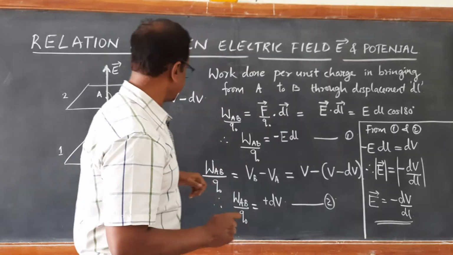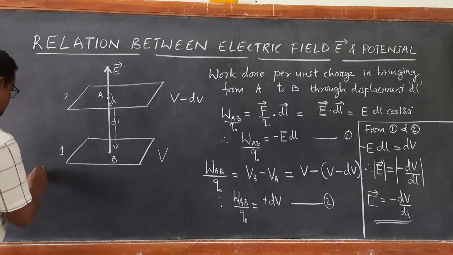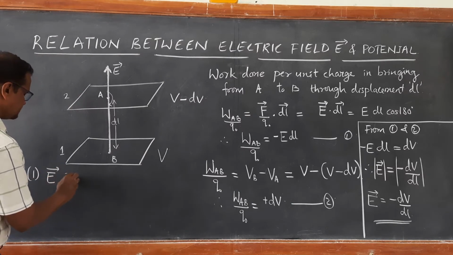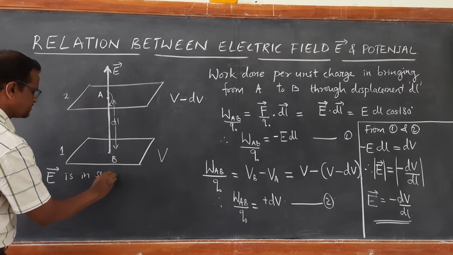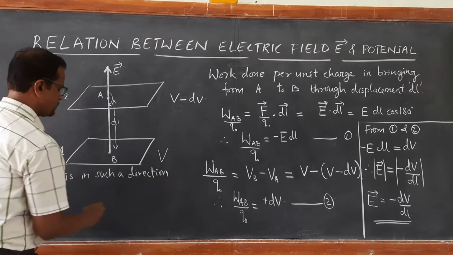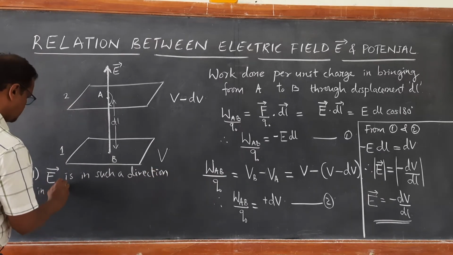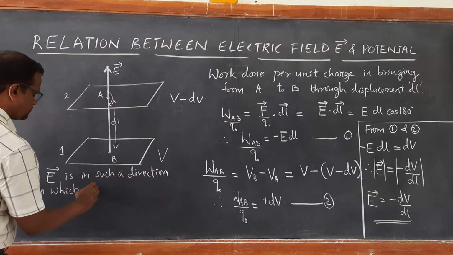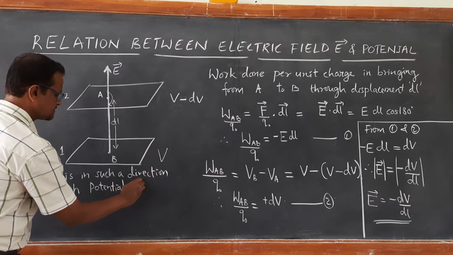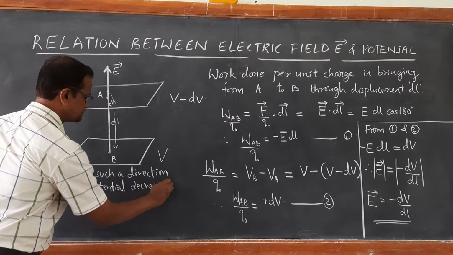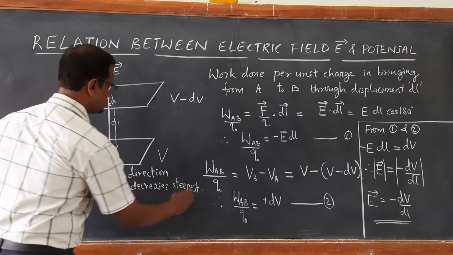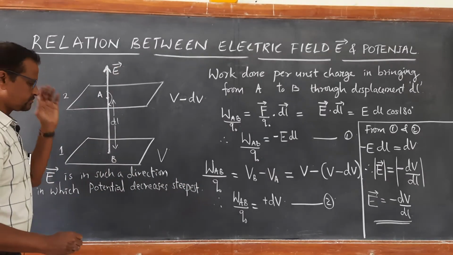Okay. Now we can write the definition. First thing, electric field E is in such a direction in which potential decreases steepest, in the sense potential decreases normal, perpendicular.